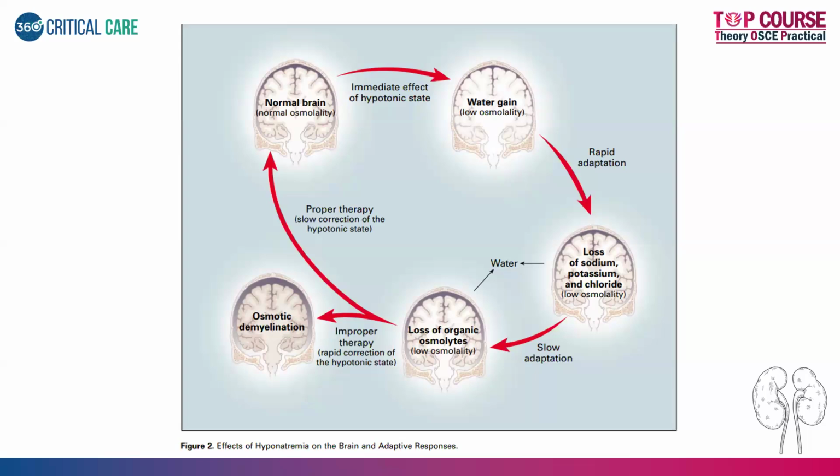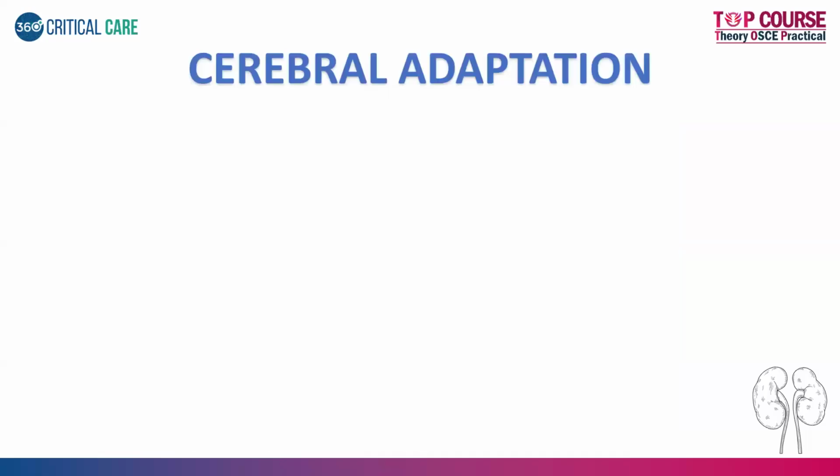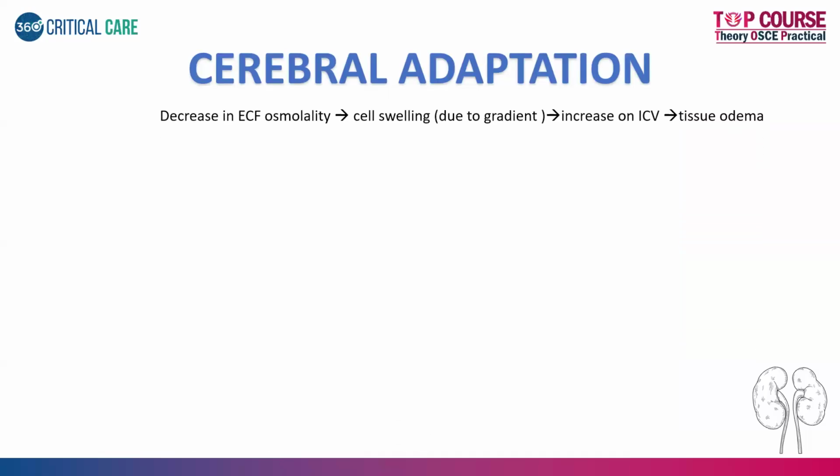The brain cells try to remove osmoles to outside the cell, into the extracellular space, so that cellular swelling does not happen. This prevents damage especially in the earlier stage, the first 3 hours of hyponatremia setting in. Whenever there is a decrease in extracellular fluid osmolarity, cell swelling is supposed to happen, but that is usually because of the gradient shift.